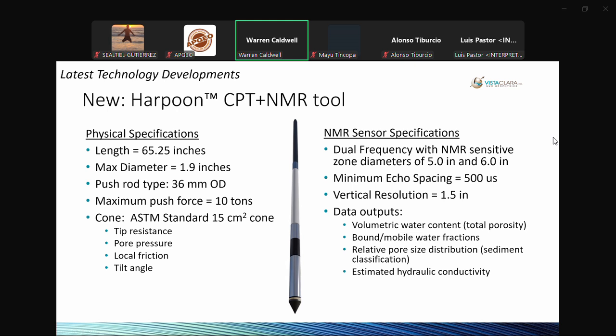CPT measurements are done on the way down, and then the probe is withdrawn and NMR measurements are made on the way up. And again, all of your typical CPT and NMR data products can be obtained with a single tool in a single logging operation.